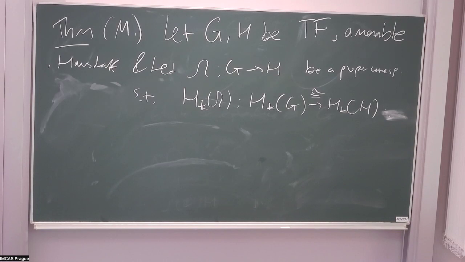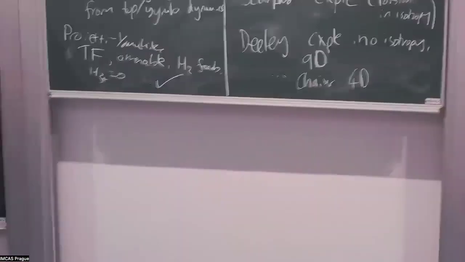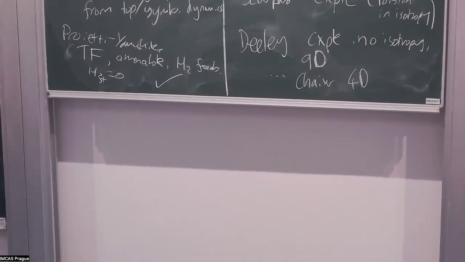Because if we had the HK conjecture, we'd then get an isomorphism in K theory automatically. What I'm saying is you don't need this. You can just use the more complicated relationship here.